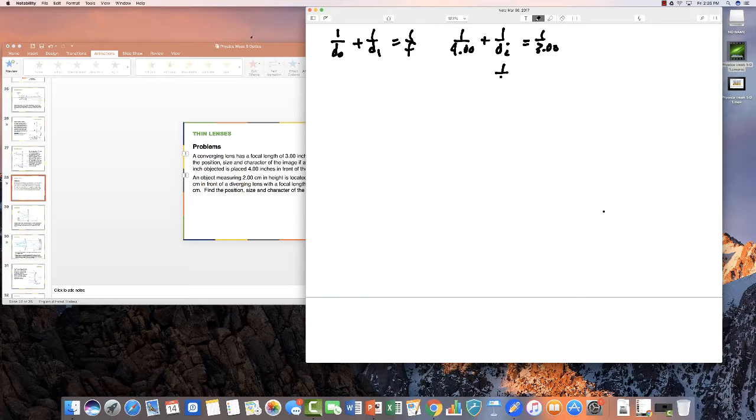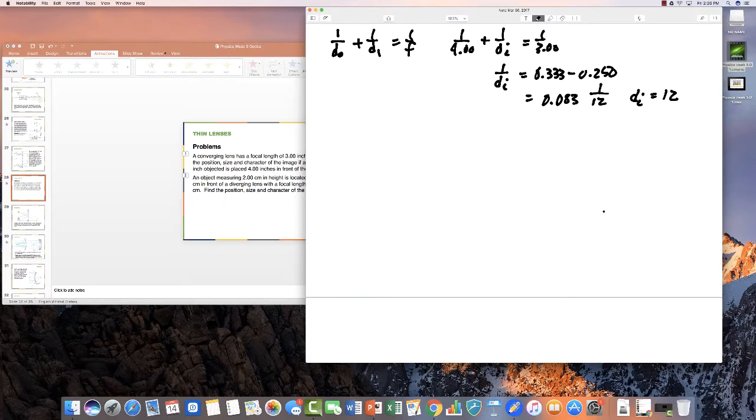So 1 over di is equal to 1 over 3, which is 0.333, minus 0.250, which is equal to 0.083, or 1 over 12. So di is equal to 12.